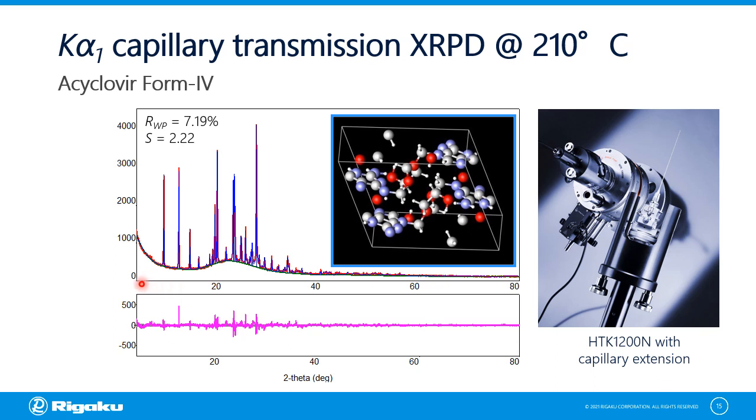We started from 5 degrees 2 theta up to 80 degrees 2 theta. The capillary was continuously spun during measurement to minimize the preferred orientation of the crystal. The crystal structure shown here was found and refined by the structure determination package of the SmartLab Studio II software.